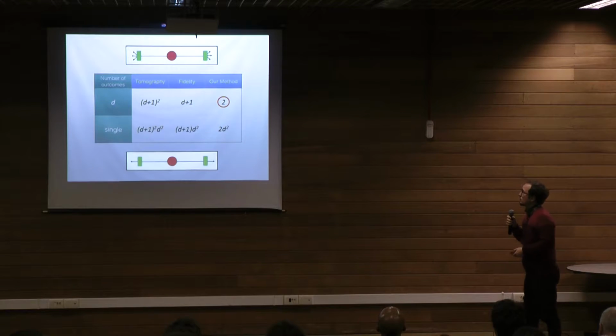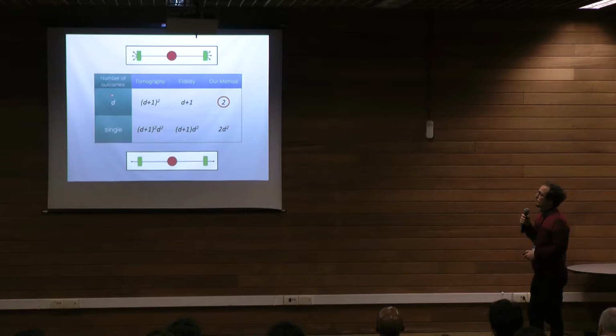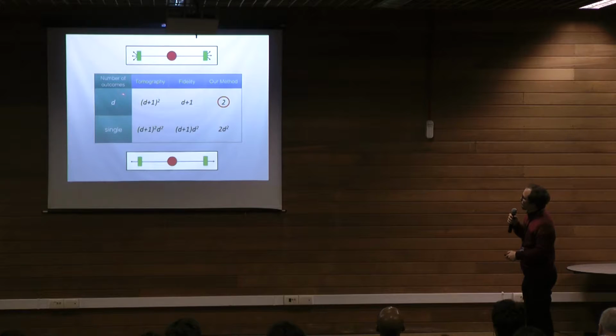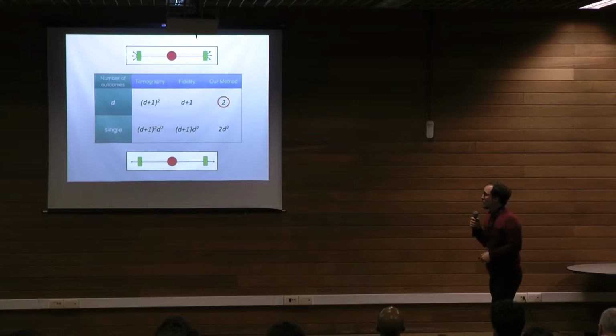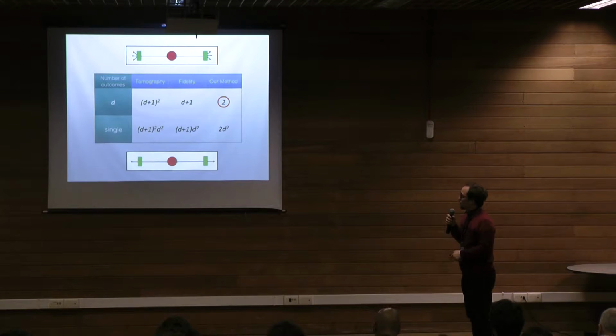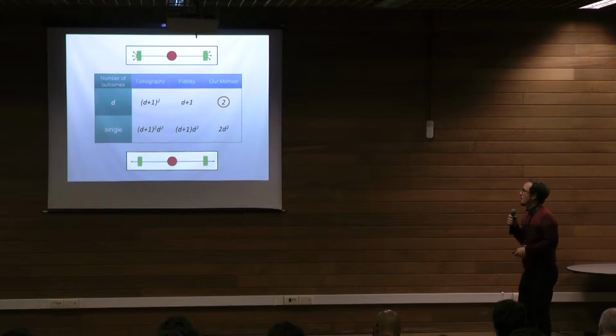To summarize, if you do genuine D outcome measurements and the number of outcomes of your measurement is D, then the tomography takes (D+1) squared measurement settings, fidelity measurements D+1, our method just requires 2 measurements. However, if you just simulate this with single outcome measurements, this D squared guy appears here everywhere. You just can't get rid of it, okay?